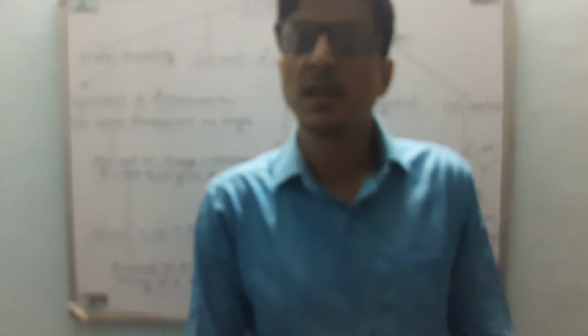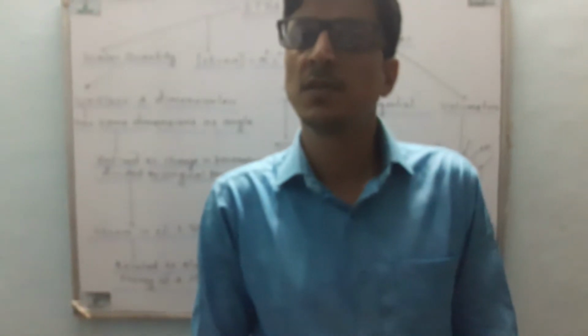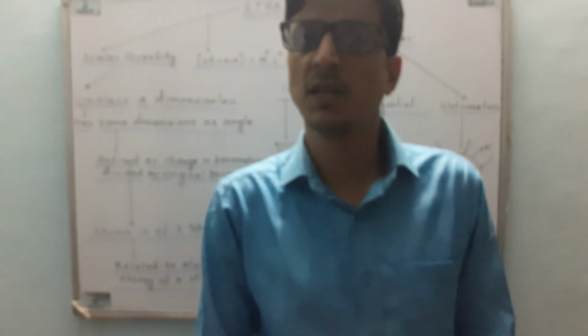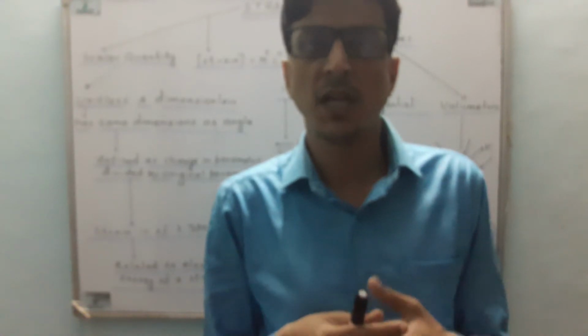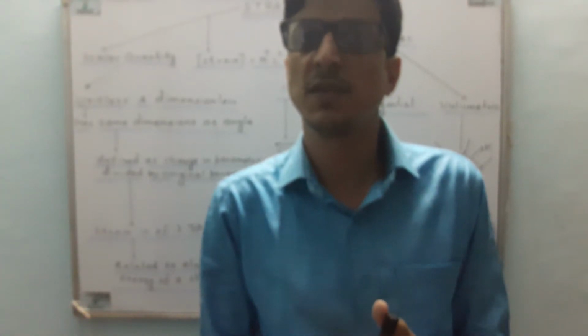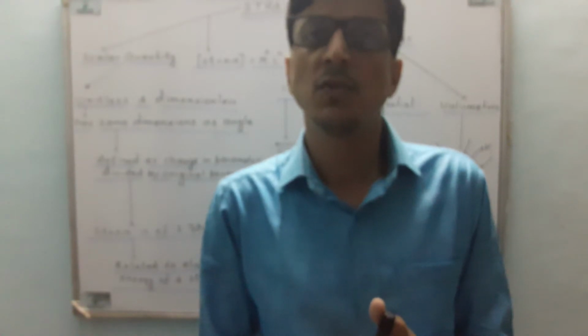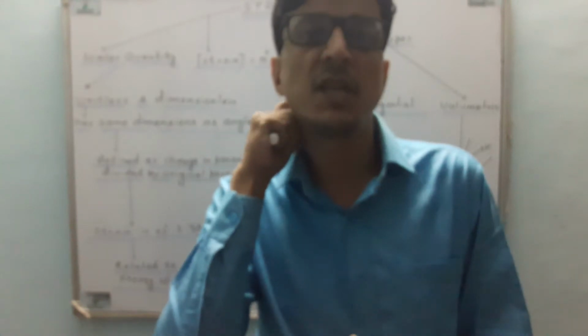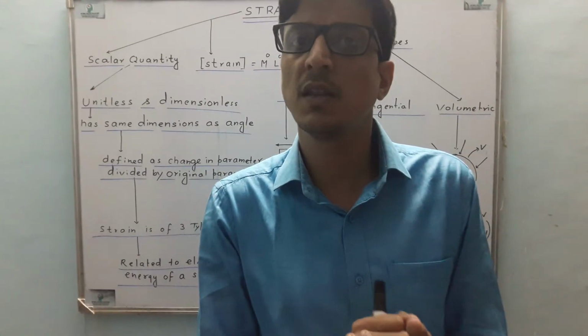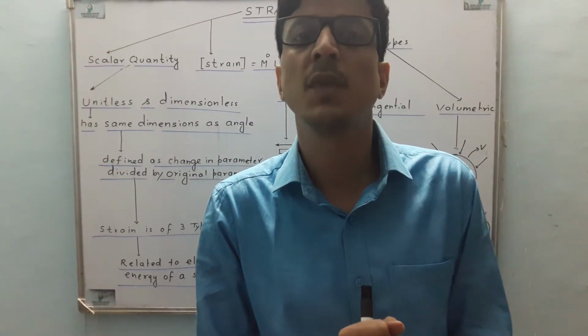So strain is basically related to the change in some parameter of a body divided by the original parameter. Suppose you take a rod and you apply external force on it in a normal direction. So its length changes. That change in length per unit original length is the longitudinal strain.